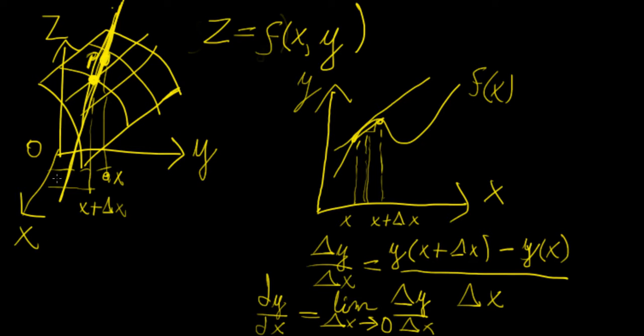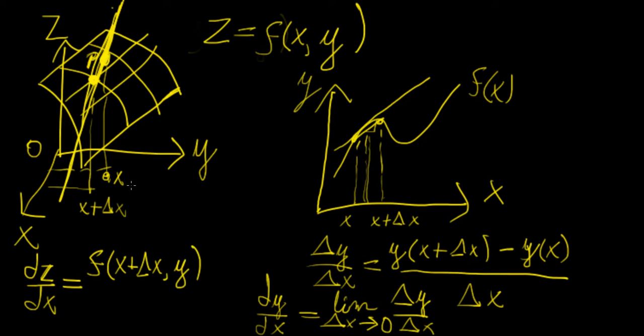Then obviously, what is going to be the derivative of this function with respect to x? Well, if we have this set over dx, we're going to have the following. We're going to have the function evaluated at the increment x plus delta x, comma y, because remember, y is not changing.